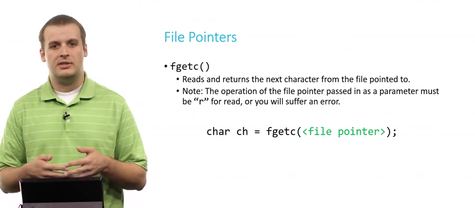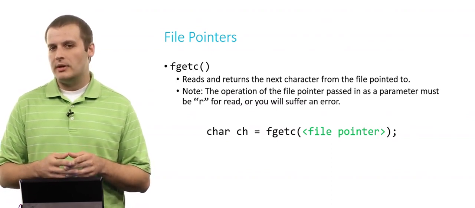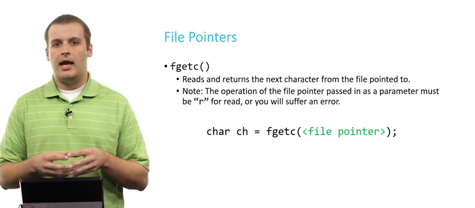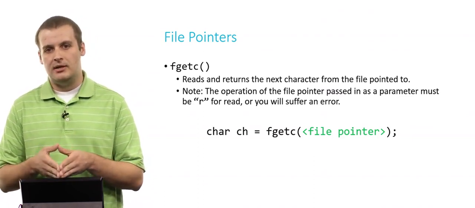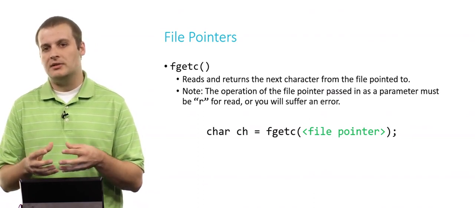Char ch equals fgetc, pass in the name of a file pointer. Again, it's very important to remember that in order to have this operation succeed, the file pointer itself must have been opened for reading. We can't read a character from a file pointer that we opened for writing.